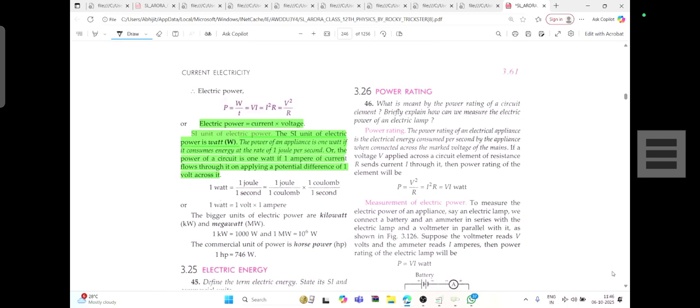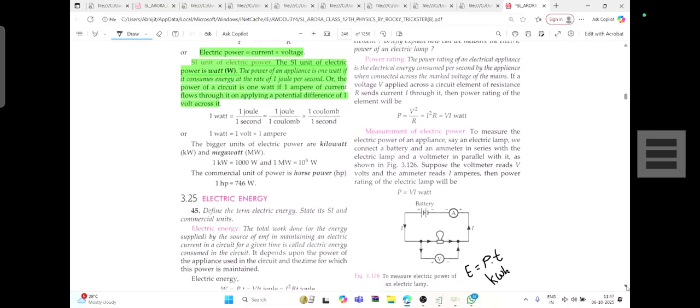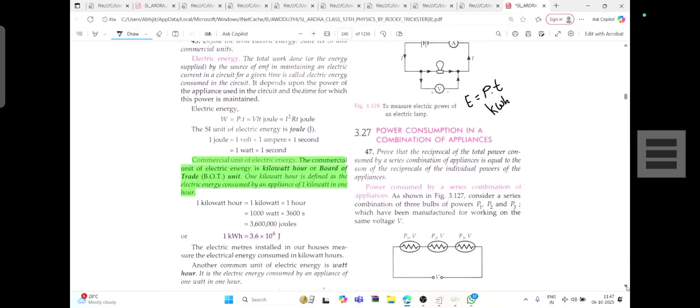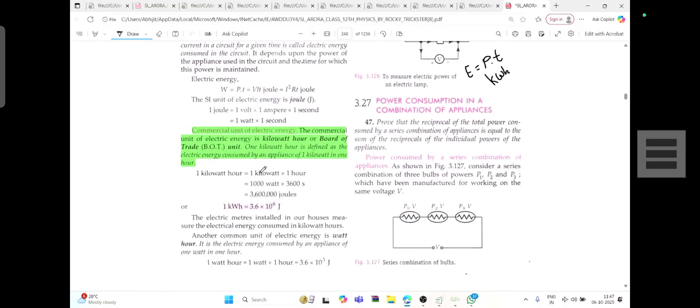And 1 joule is equal to 1 watt into 1 second, which means joule is equal to watt second.